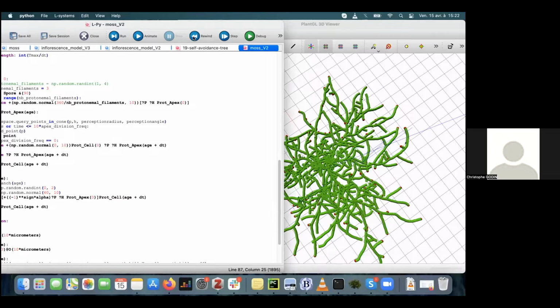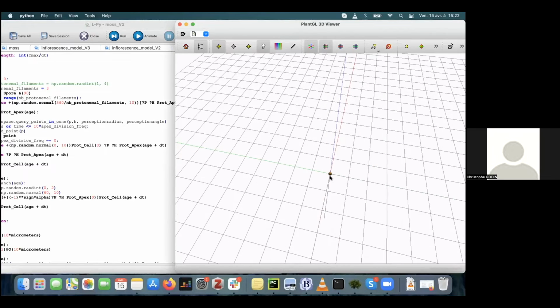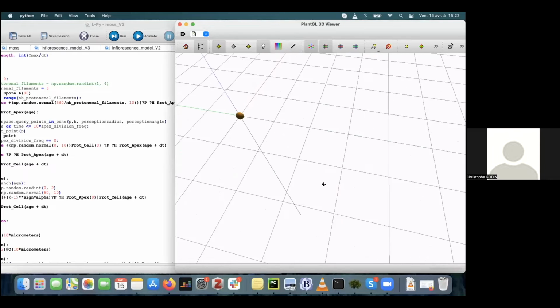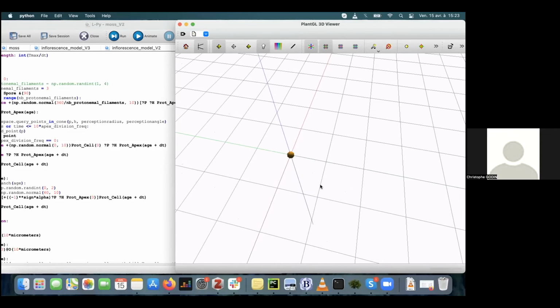So my final goal is to model the entire life cycle of mosses. It starts from a spore, from which a filamentous network called the protonema emerges. For now, that's the step I am at.